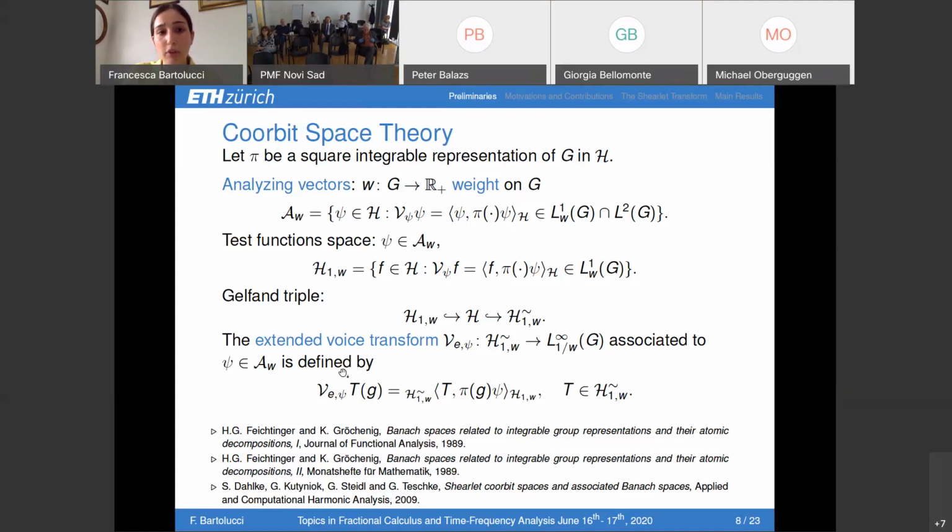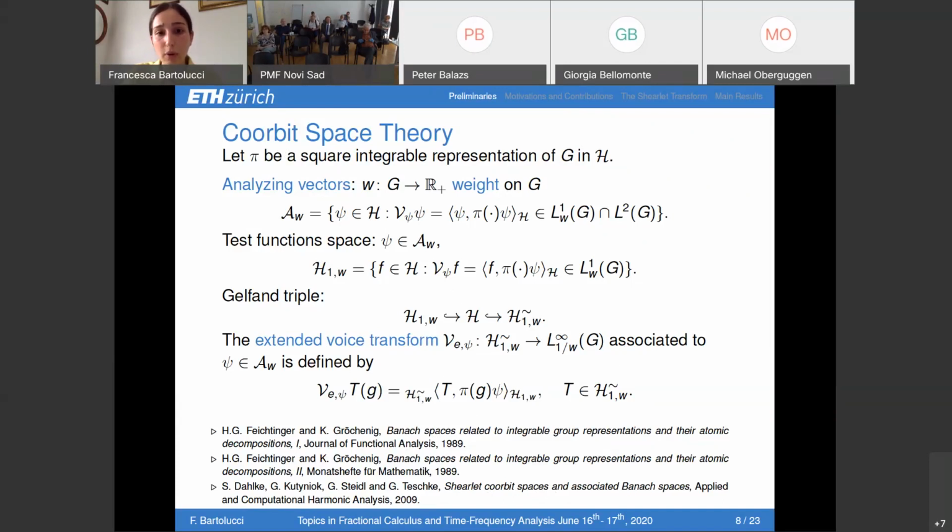Examples of Coorbit spaces are the classical Besov spaces, which are recovered starting from the affine group and the wavelet representation, or the modulation spaces, starting from the reduced Heisenberg group and the Schrödinger representation. And this theory has already been applied also to the shearlet transform, and new smoothness spaces, the so-called shearlet Coorbit spaces, have been introduced.